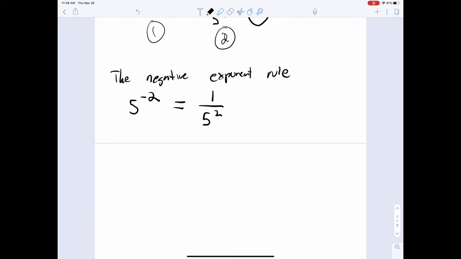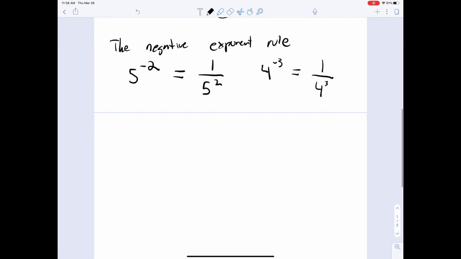Notice a couple things. The exponent is now positive, and you have a fraction. So you try this one. So you have like 4 to the negative 3. What would that be? Simplified. It would just be 1 over 4 to the 3rd power. You put 1 over, you make the exponent positive.